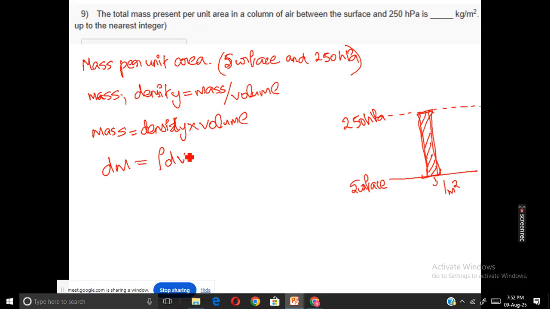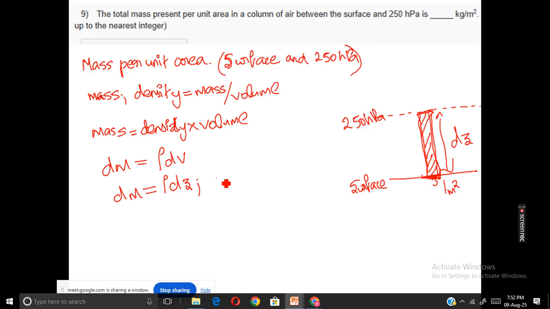Volume we are considering of this particular atmospheric column. Suppose this atmospheric column has a height of dz, and the base area into height gives you the volume. We need to find the mass per unit area, which means the base area will be 1 meter square. So the mass is basically rho dz.